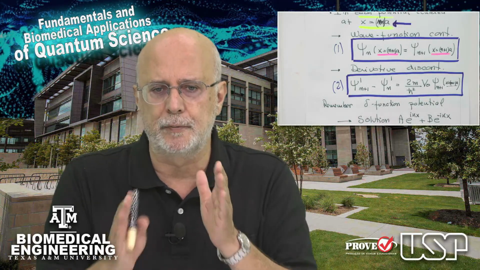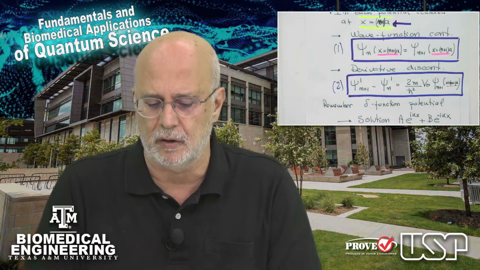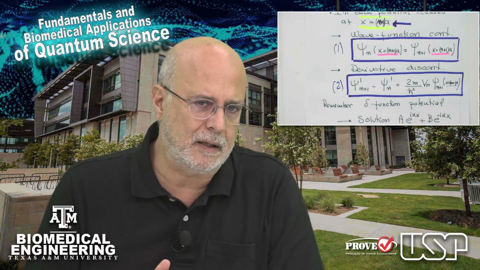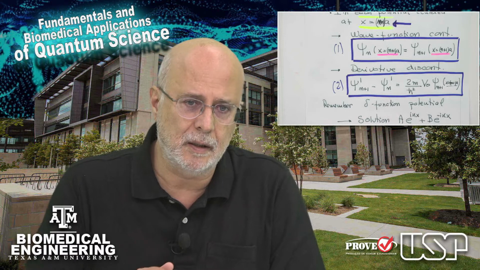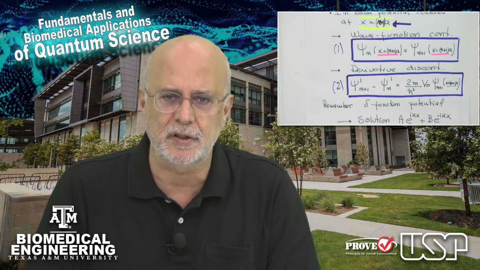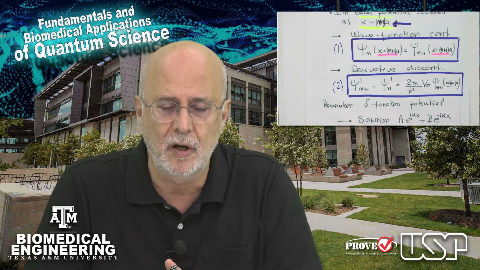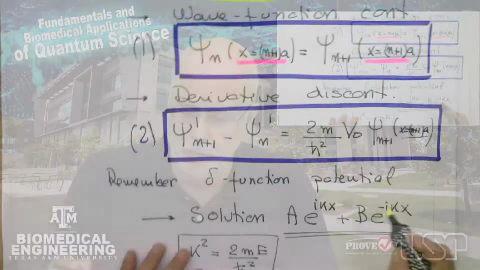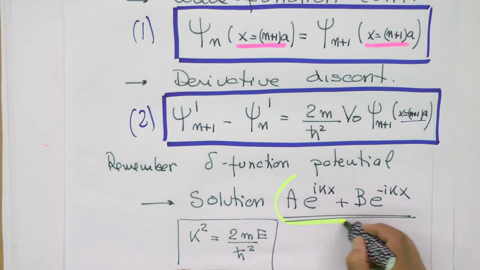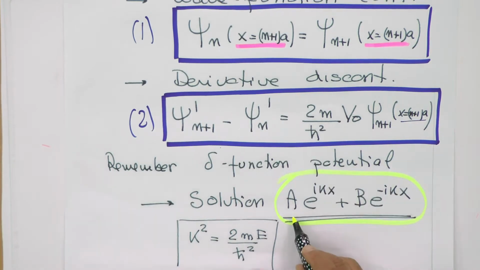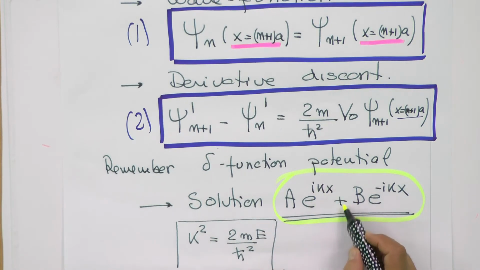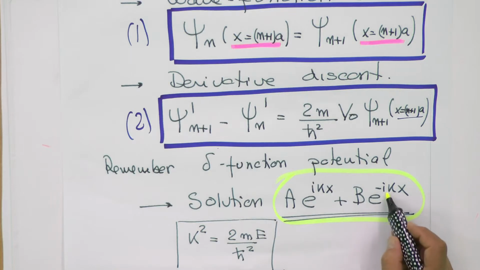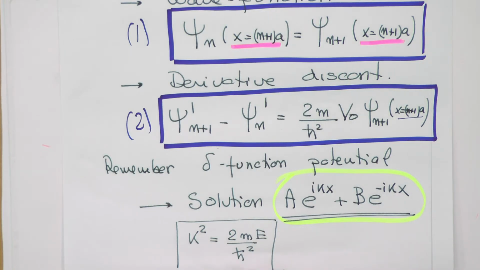So in between those points where the delta function is located, solutions are complex exponentials, which are a combination of sines and cosines of kx. So normally we say that the solution must have the form a e to the ikx plus b e to the minus ikx, right?